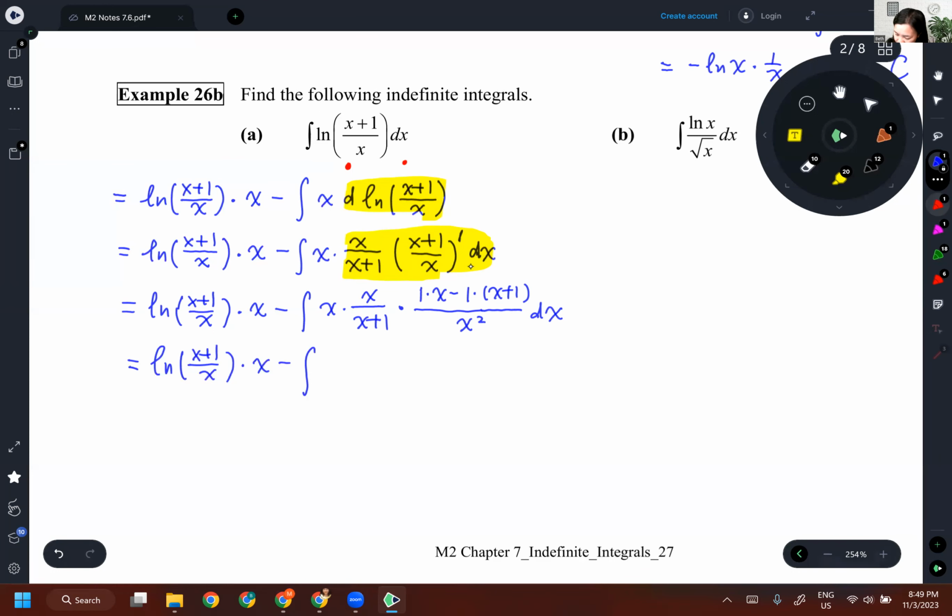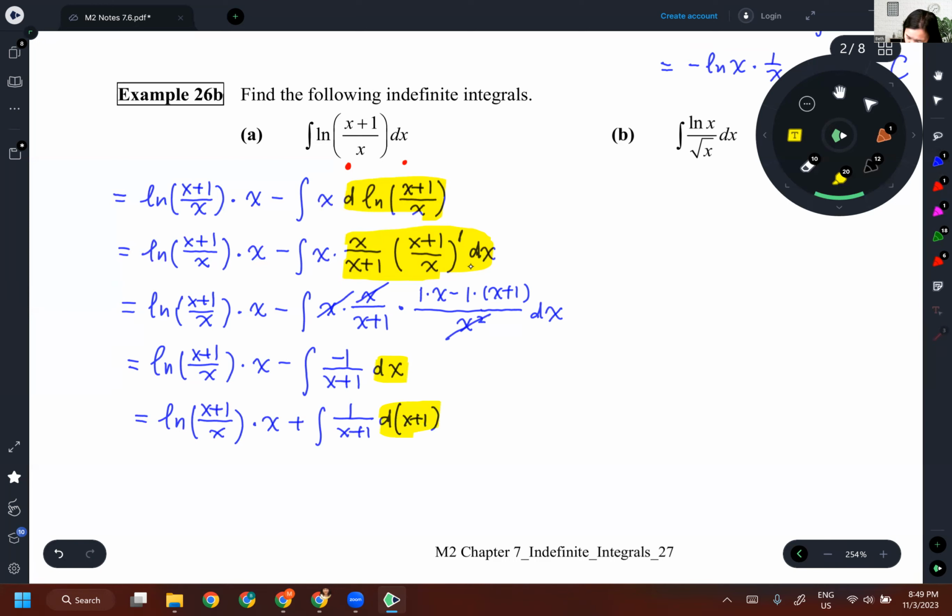Now this one, if you delete, you will have actually -1 divided by x plus 1 dx. In this case, that is plus, right? 1 over x plus 1 d, and here I'm adding x plus 1, another substitution. And then in the end, I have this.